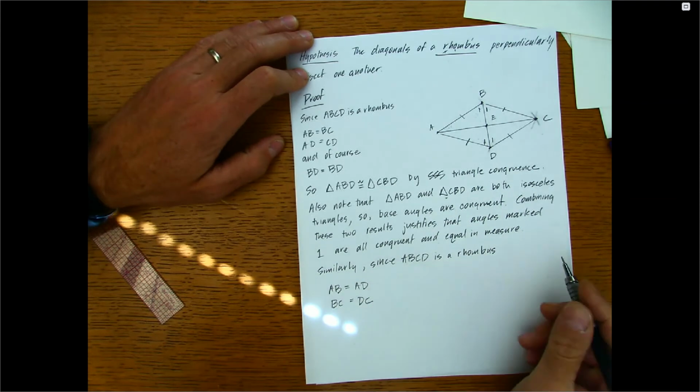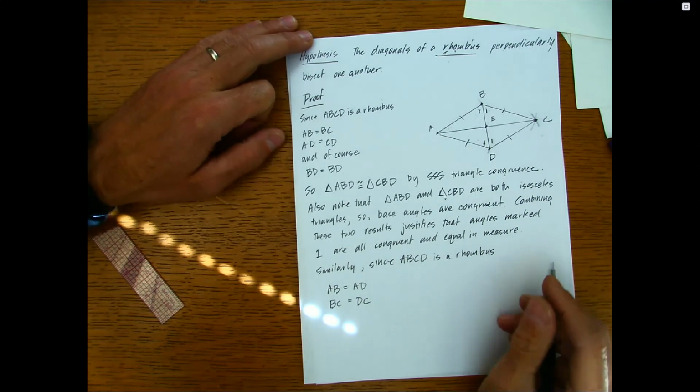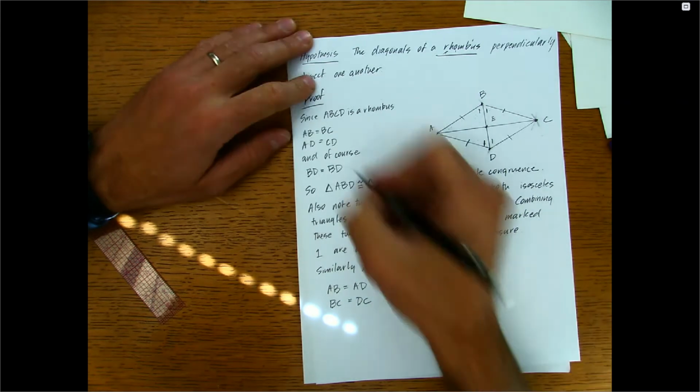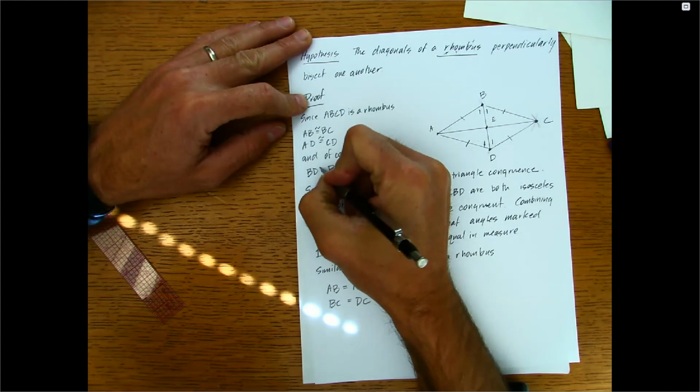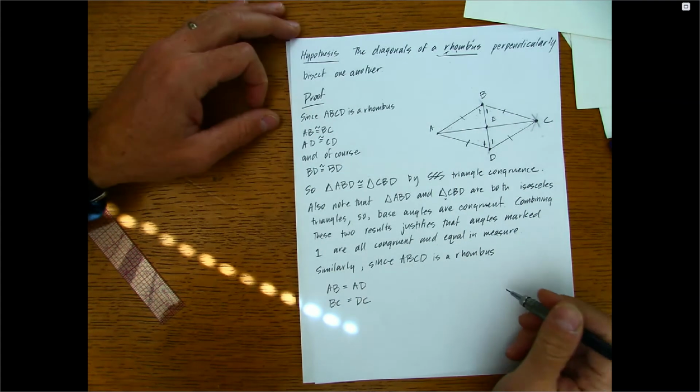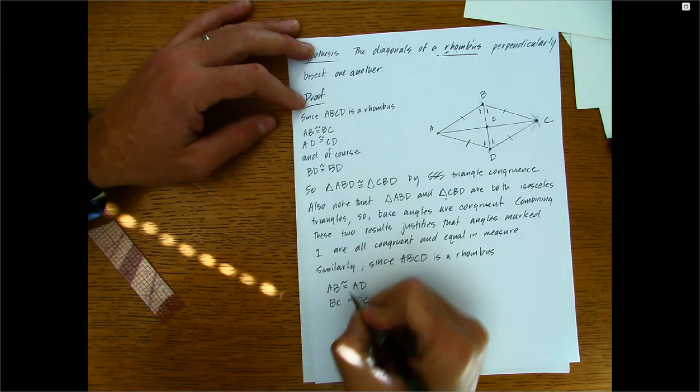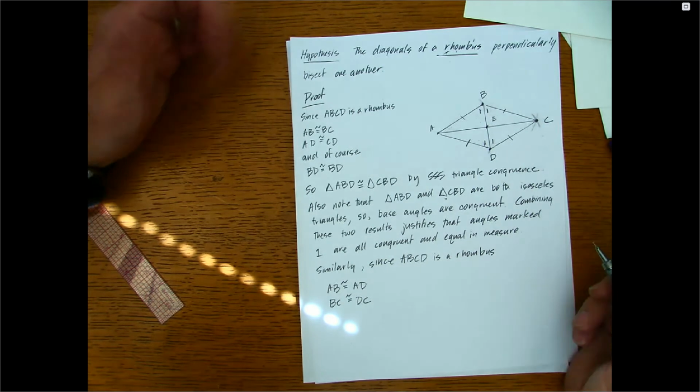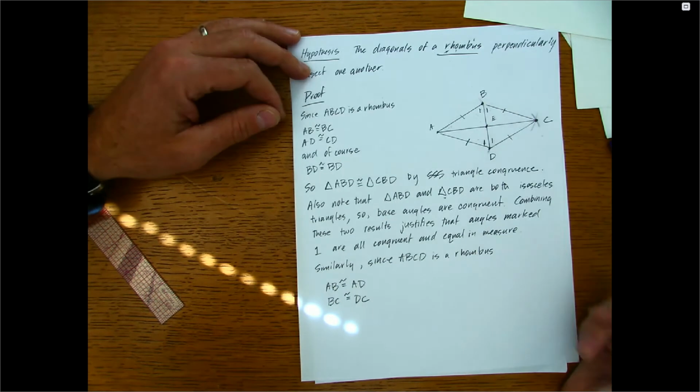I'm saying congruent or equal. I'm sort of being a little loose with that. Maybe I should be a little bit more careful here and call these congruent up here just to make sure my communication's on. Let's say these are congruent, even though they're equal in measure and congruence of a segment are interchangeable.